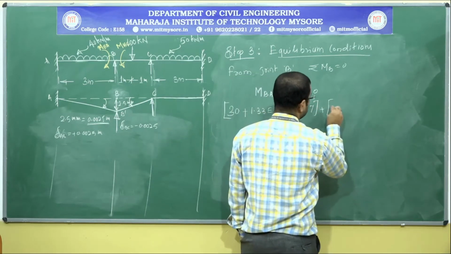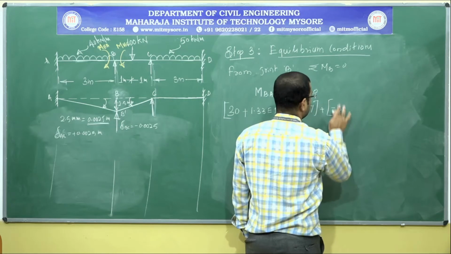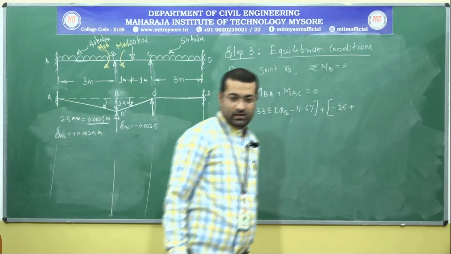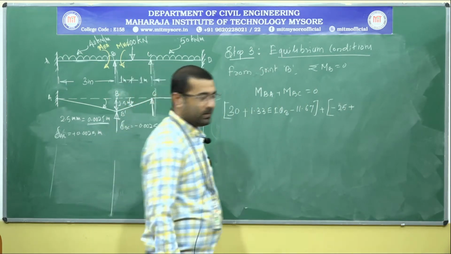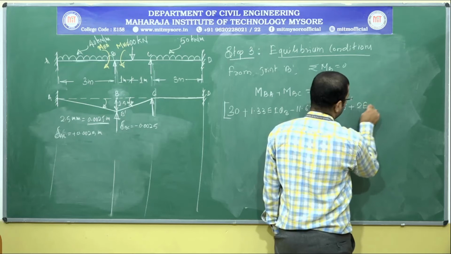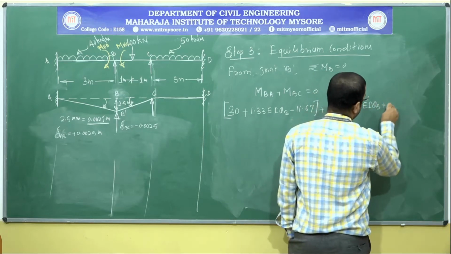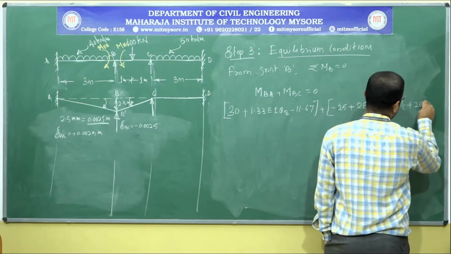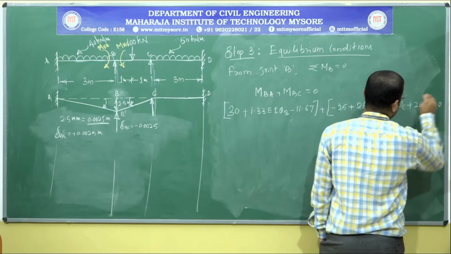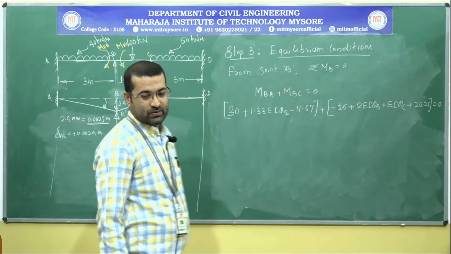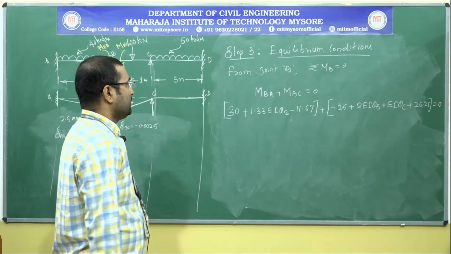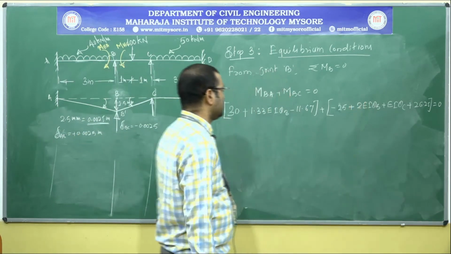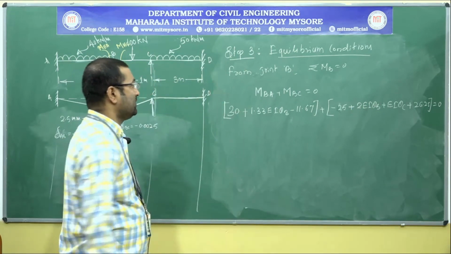Plus MBC, which is minus 25 plus 2EI theta B plus EI theta C plus 26.25, and this should be equal to 0. So this is the value for MBA and this is the value for MBC. When we add these 2 together, the total sum should be 0.